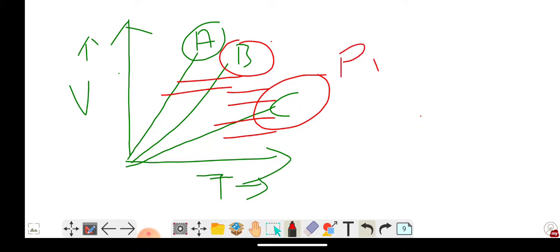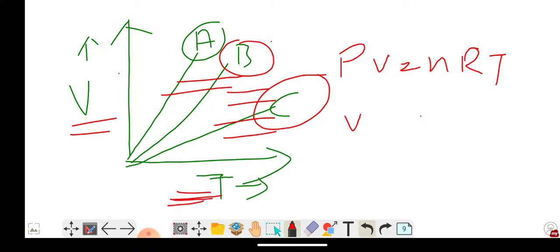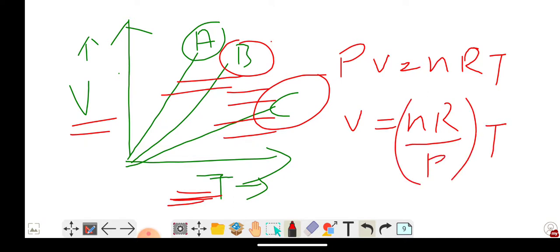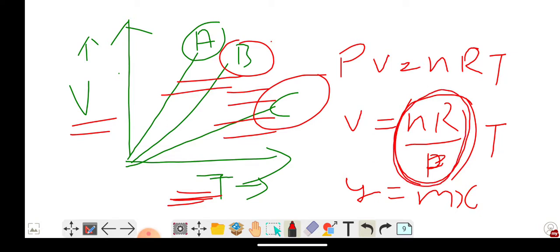We know that PV is equal to nRT. Here we have a plot between volume and temperature. So volume is equal to nR by P times T at constant pressure. This will be the relation. So we write it as y is equal to mx. Here this is the slope.